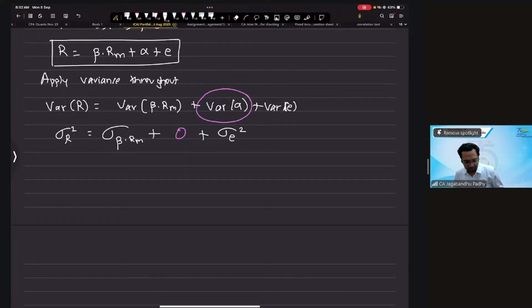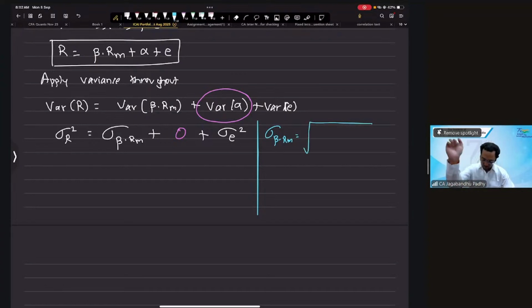Now, let me do some working over here to make it clearer. Variance of beta into RM. We'll have a square over here also, right?